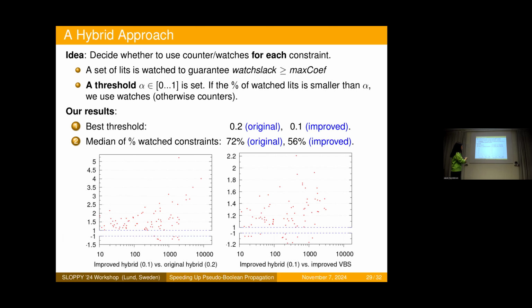From the plot, we found that our improvements have led to a much better hybrid system. And even if we compare with this virtual best solver, a system that applies only counter on PB constraints or only watch on PB constraints, but knows which is the best option in advance.